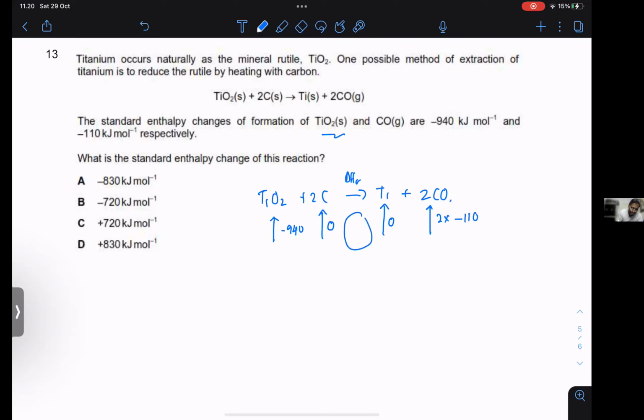So you put this circle there. Clockwise equals anti-clockwise. 940 plus 0 plus this equals 0 plus 2 times negative 110. So this is 220 plus 940. The answer will be positive something.